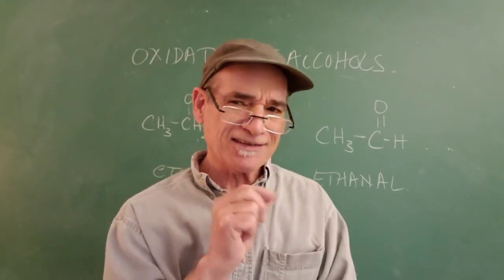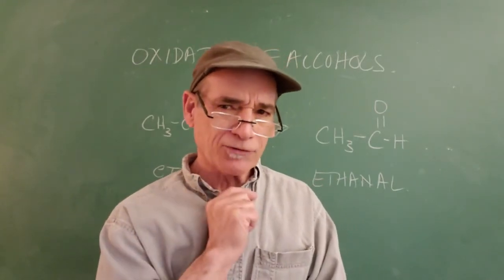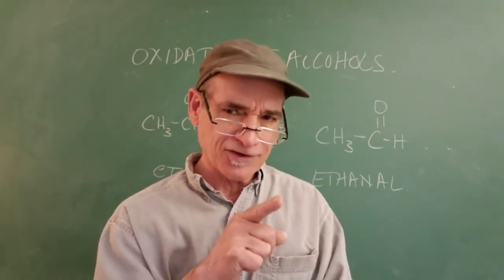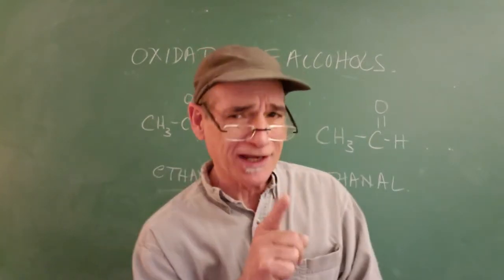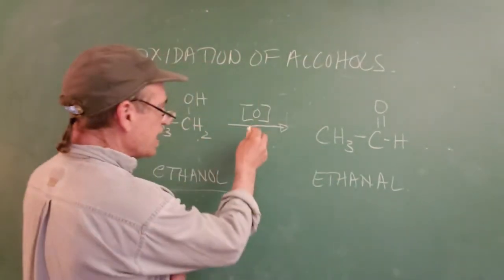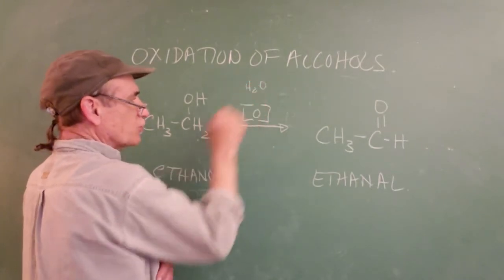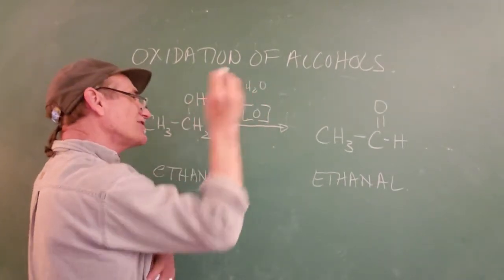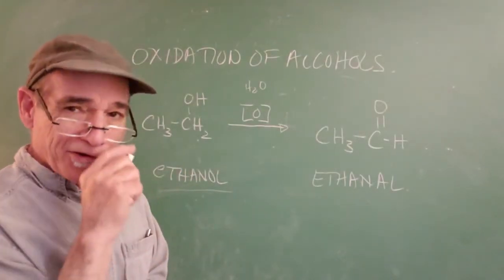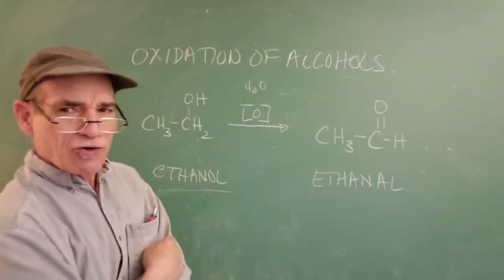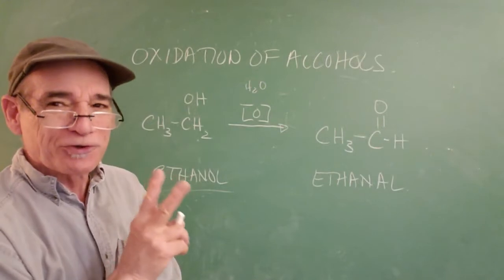It has a tendency to steal hydrogens away from a hydrocarbon in order to oxidize it. You can almost look at it as if the oxidizing agent is going to steal two hydrogens so that it could sort of make a water molecule out of it. All right, so it's going to steal those two hydrogens from the hydrocarbon. And when it steals them from an alcohol, it steals a particular two.